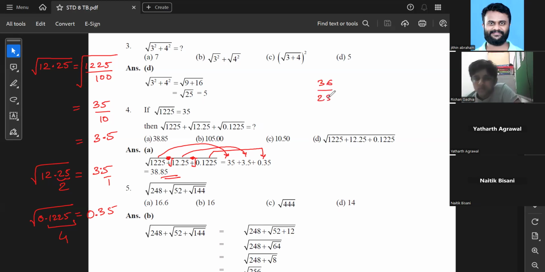36 upon 25. Okay. When you're dividing, see, what was your question? Your question was, sir, can we divide? So after dividing, will we get a perfect square? So when I'm trying to divide 36 upon 25, first of all, I won't be able to divide it. Am I correct? Is division possible?